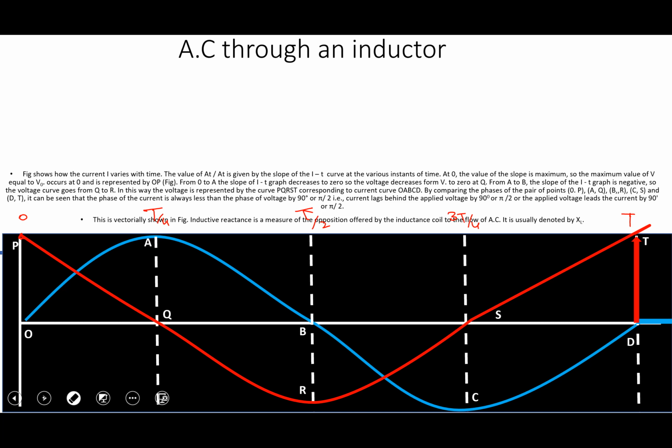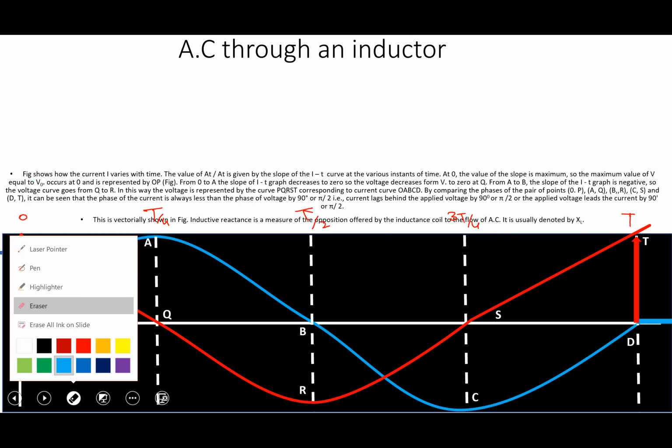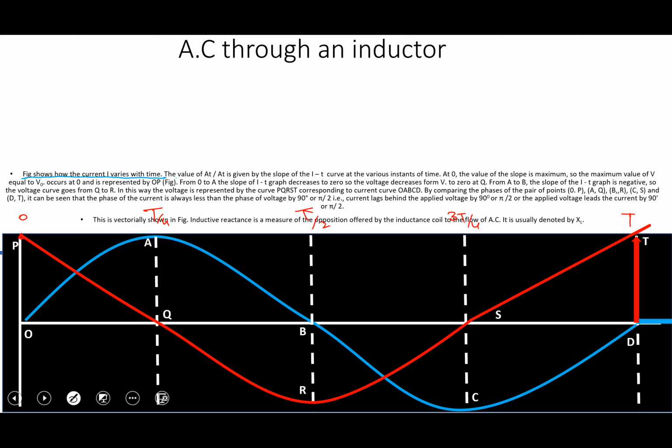The figure shows how the current varies with time. The value of V at time t is given by the slope of the I curve. At the various instants, at O the value of slope is maximum, so the voltage was maximum.